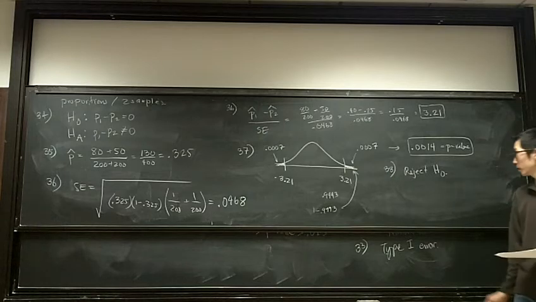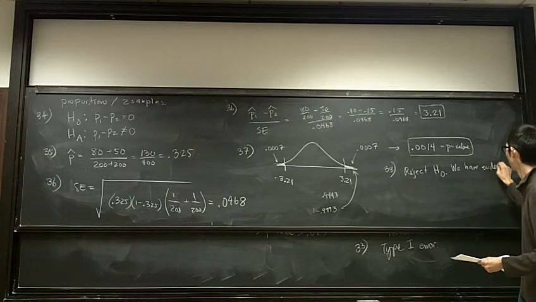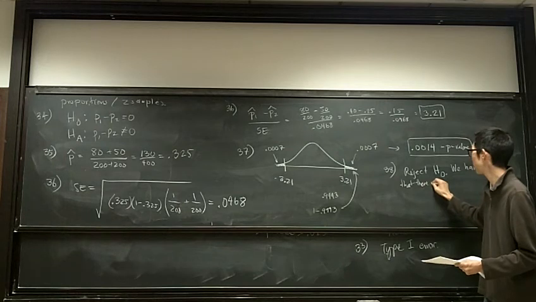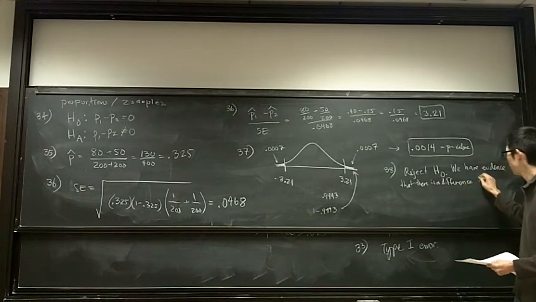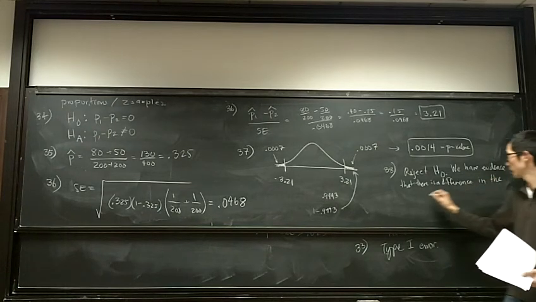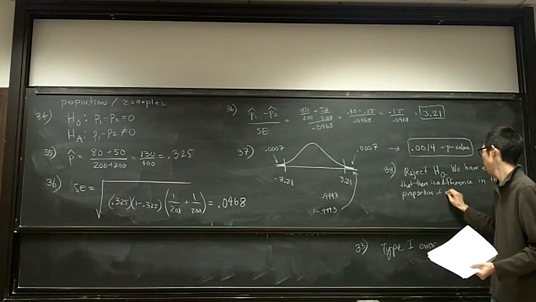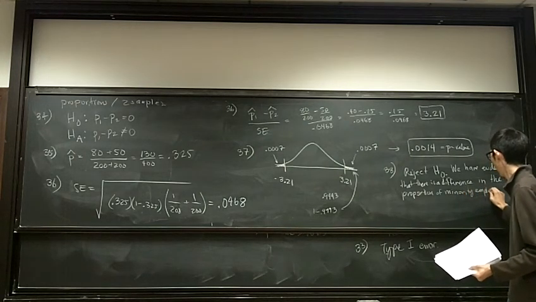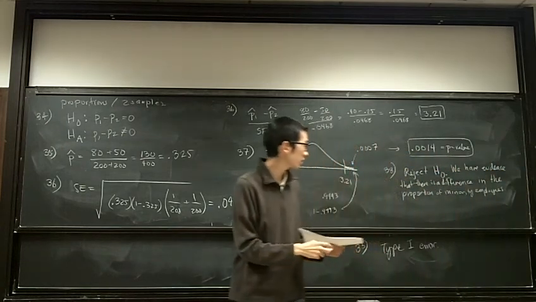We have evidence that there is a difference in the proportion of minority employees. So that's number 38. Is that okay?